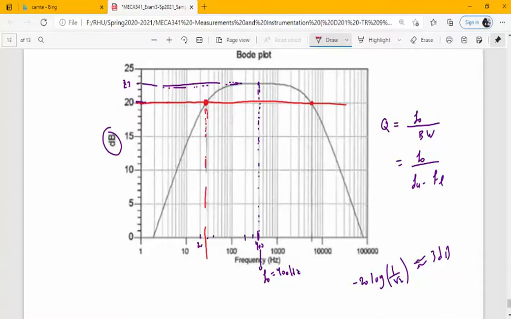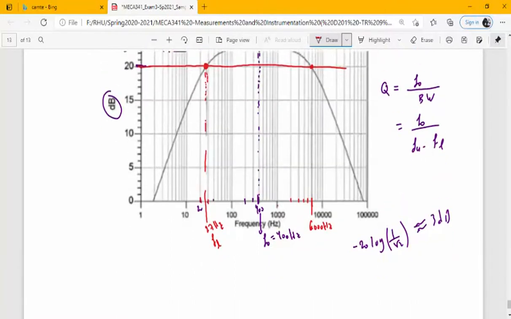If this is 20, this is 30, this is approximately 27 hertz. This is F lower, and this is 1000, here we have 2000, 3000, 4000, 6000 hertz.